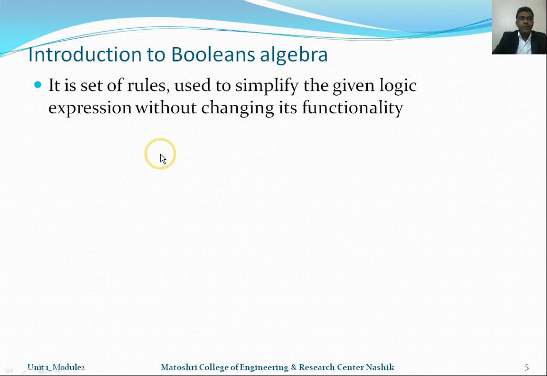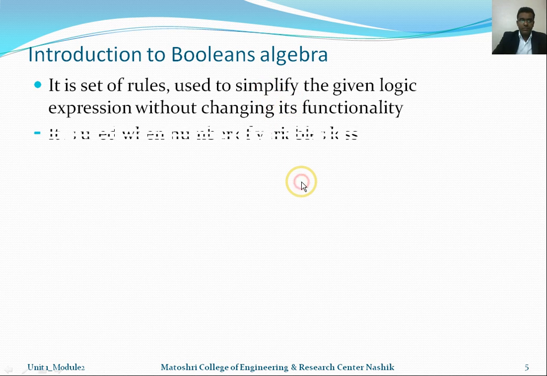Complicated logic expressions are converted into simplified logic expressions with the help of these Boolean algebra rules. But the most important thing is that the output functionality does not change, and it is used when the number of variables is very small.